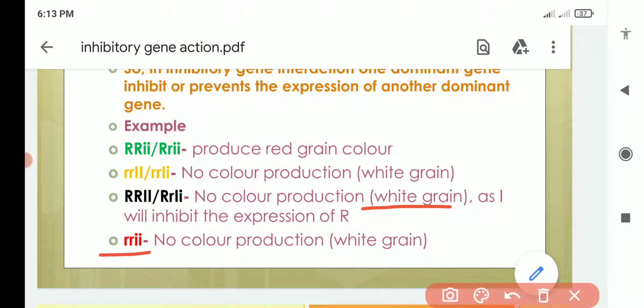And when small r, small i, the recessive alleles of both genes, are present together, then also no color production will be there. So ultimately white grain will be there. This is the inhibitory gene interaction between the alleles of the two genes which are responsible for a single character.